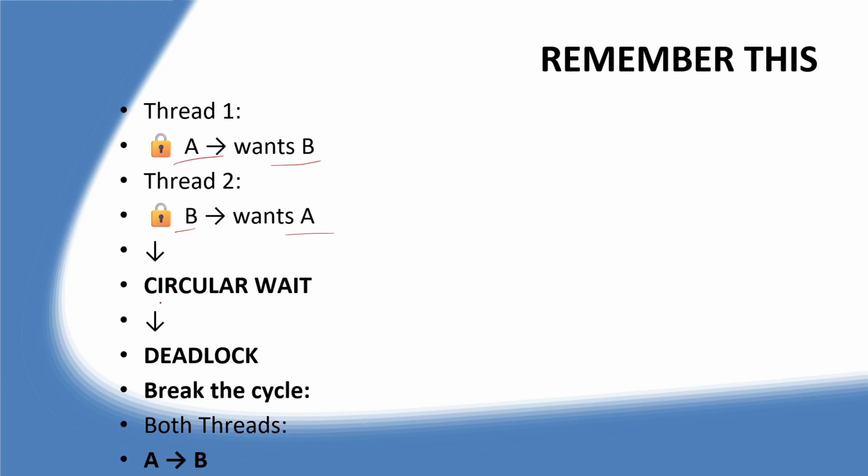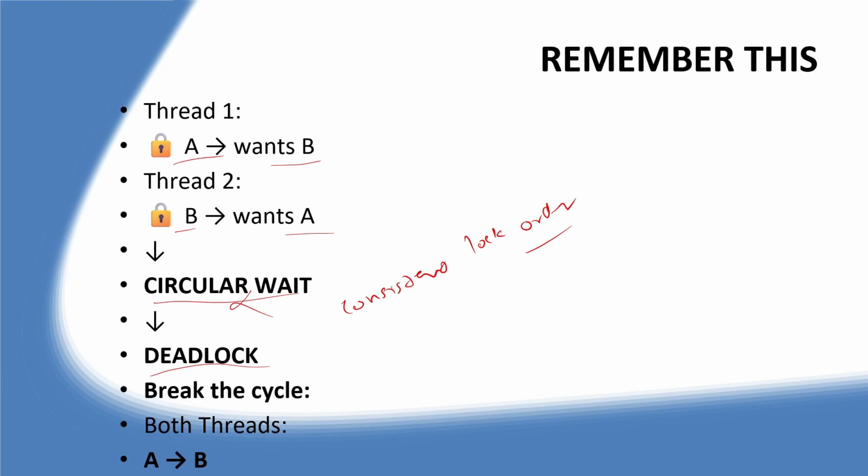It is circular wait, and it will lead to deadlock. One powerful technique is to define a consistent lock order. If every thread acquires A before B, the circular dependency cannot form between these 2 threads and 2 locks. So when you see multiple locks, always ask in what order these locks are being acquired.